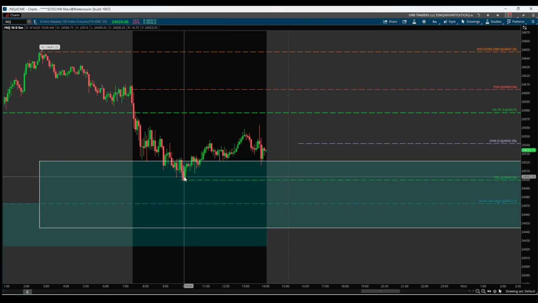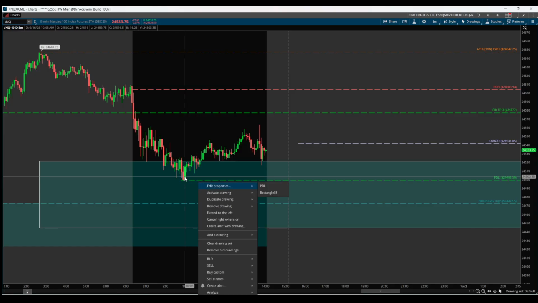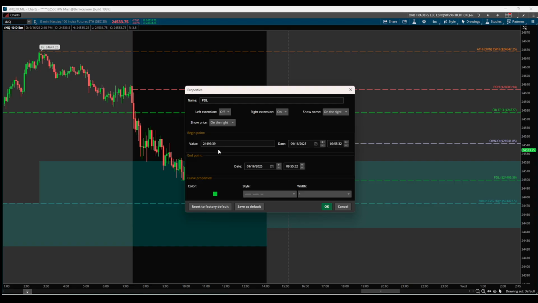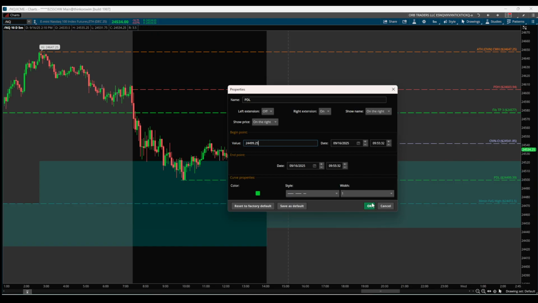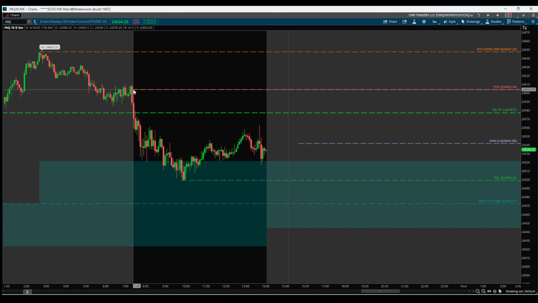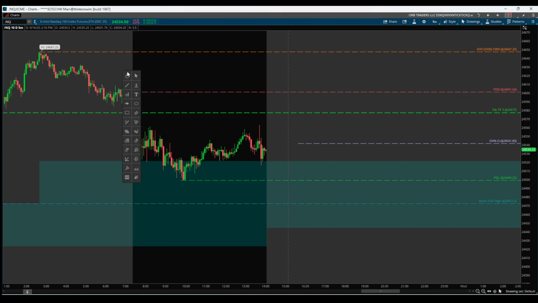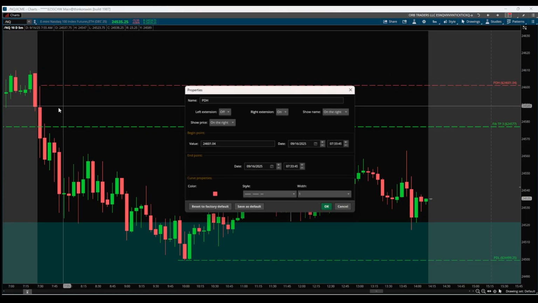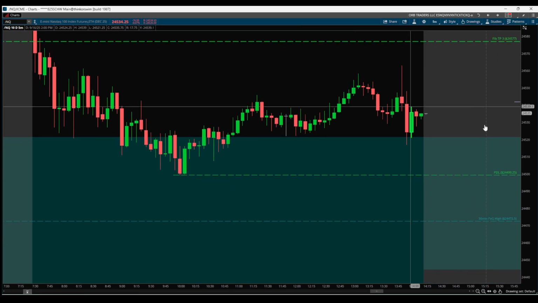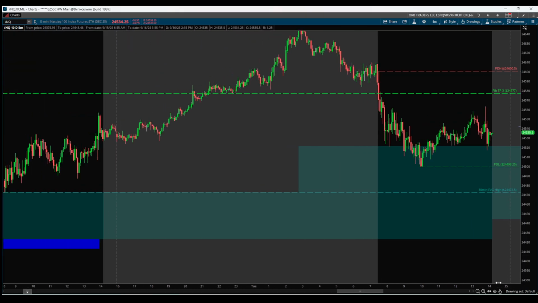And then our low of the day looks like 24,499 and 25 cents. And our high of the day 24,600 and a half. So we got our prior day high, prior day low.